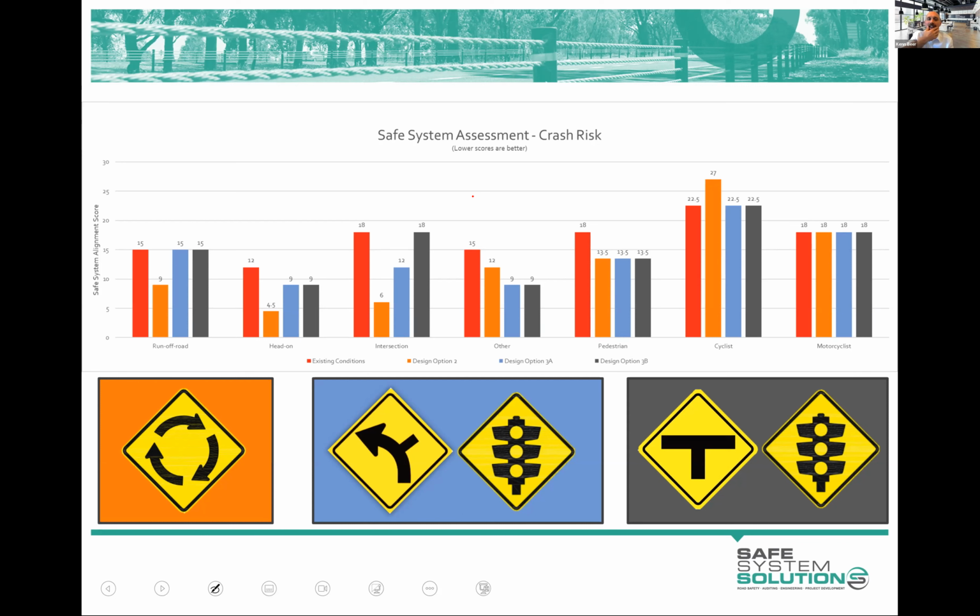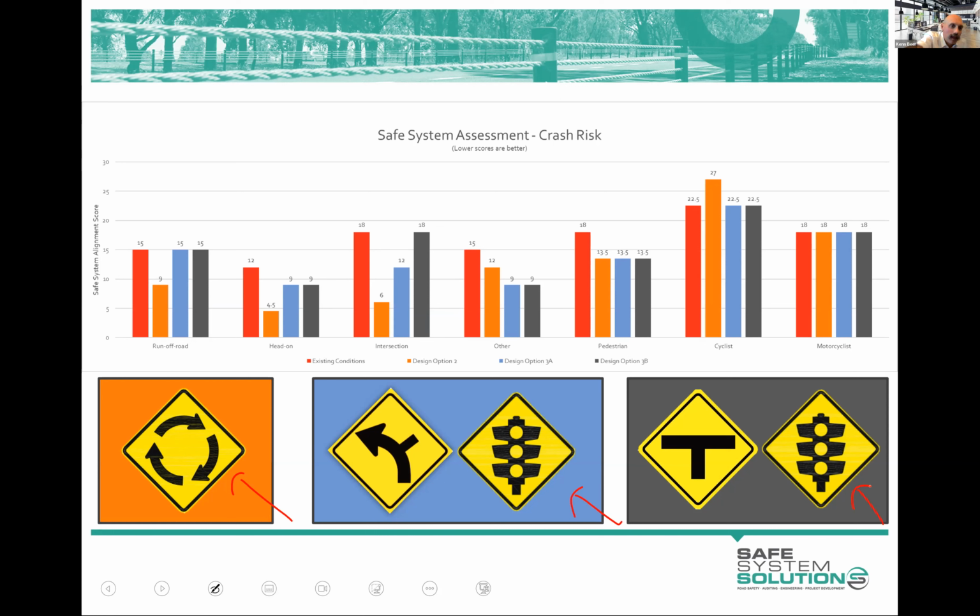But what we see here is some sort of scenario where we have an existing intersection and 3 designs. The designs were, one was to create a roundabout. You haven't seen the designs yet. One is to make it signalized with a modified T intersection. So that's the diagram there. And one signalized with a conventional T intersection.